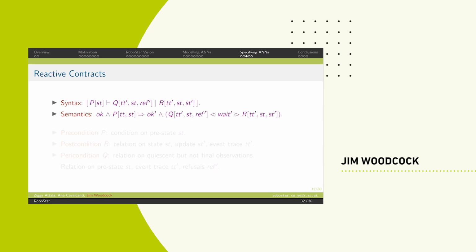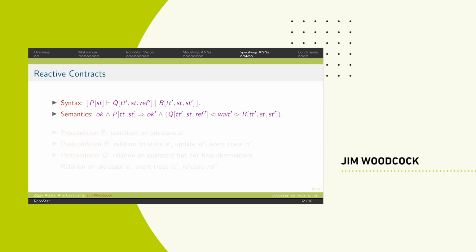So the semantics are OK and P implies OK dash, and then a conditional, if wait dash, then Q, else R. So let me read that in English. If we initiate the process in a state where the precondition is true, then we will reach a stable state.